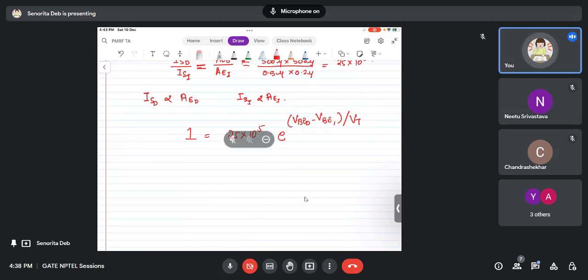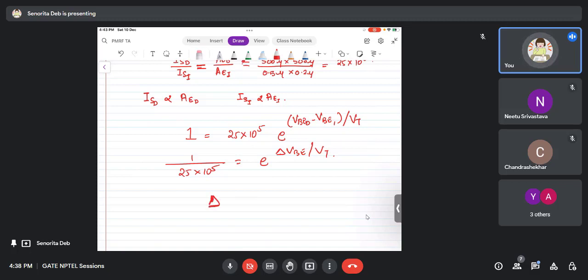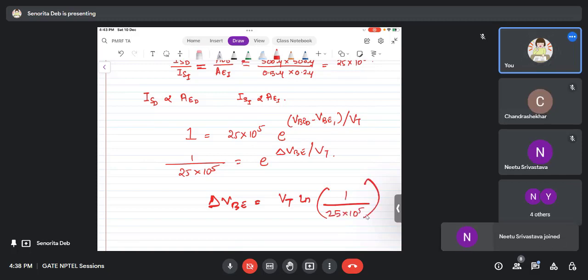You know how to solve it, right? You take the 25 to this side, 1 upon 25 into 10 to the power 5 will be equal to e to the power delta VB, I am writing for short, by VT. Then you take the natural log and multiply with VT. So delta VB will be VT into natural log of 1 upon 25 into 10 to the power 5. So please tell me what you are getting.